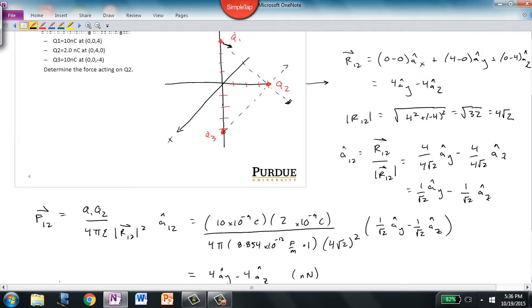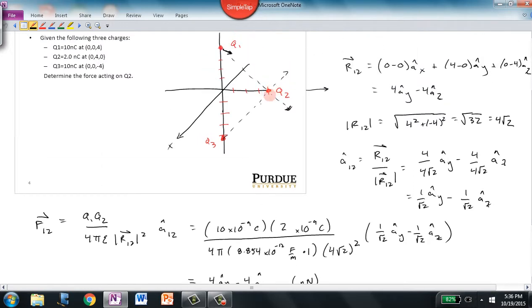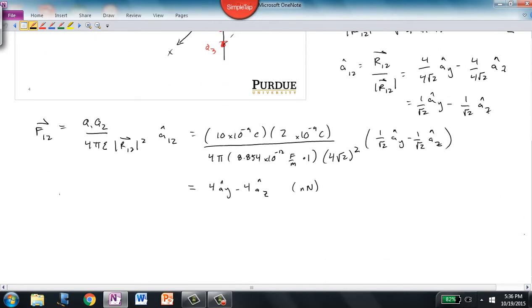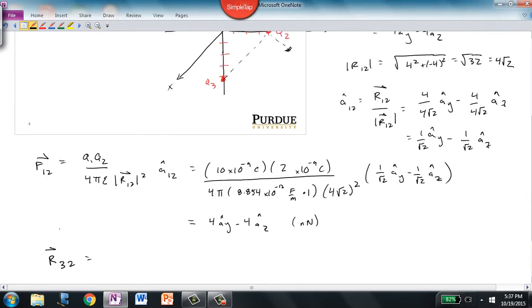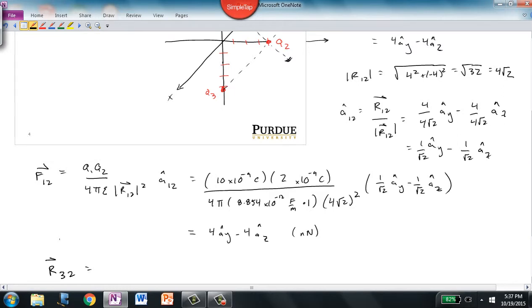So now we have to determine the force acting on Q2 by Q3. It's a very similar procedure. We start by determining the vector pointing from charge 3 to charge 2. If we look at the locations, neither of them has any x component, so we can just say it's 0 a hat x.